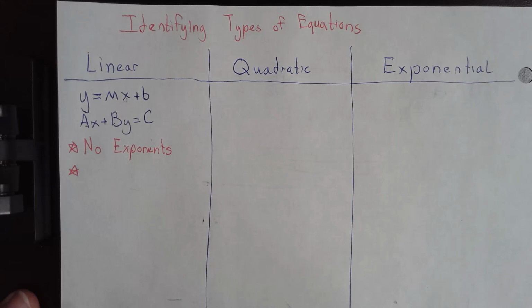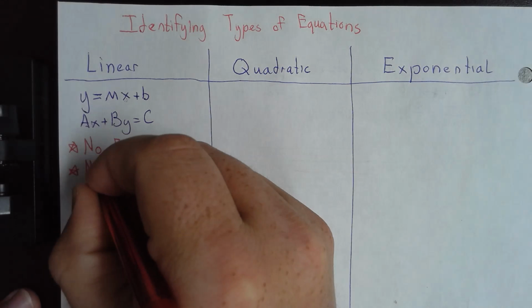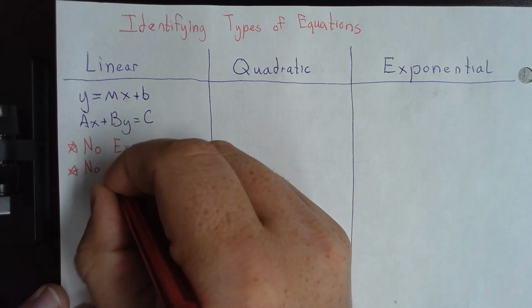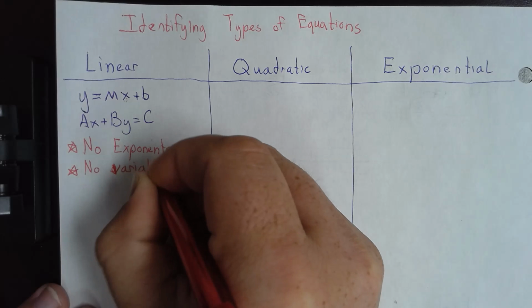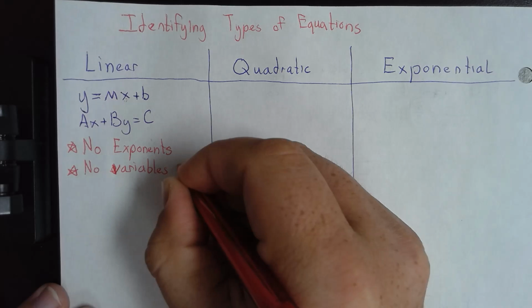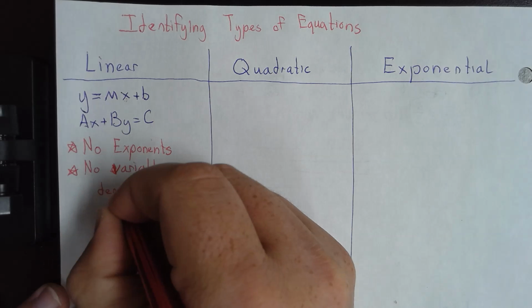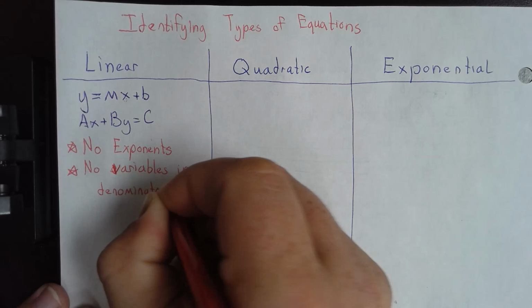Our second thing that we need to make sure of is that linear equations have no variables in a denominator. Now, what is a denominator? Very good. It's the bottom part of a fraction.